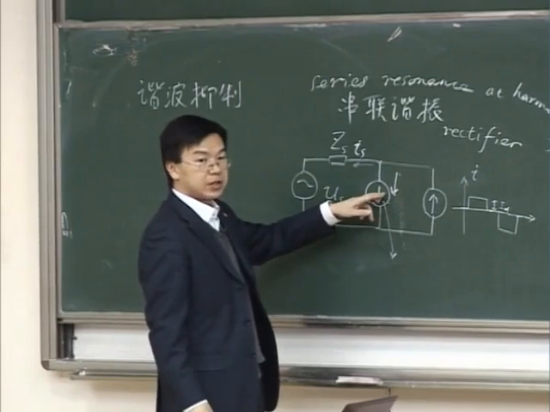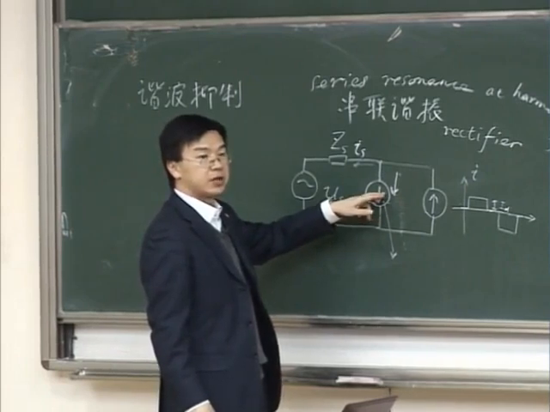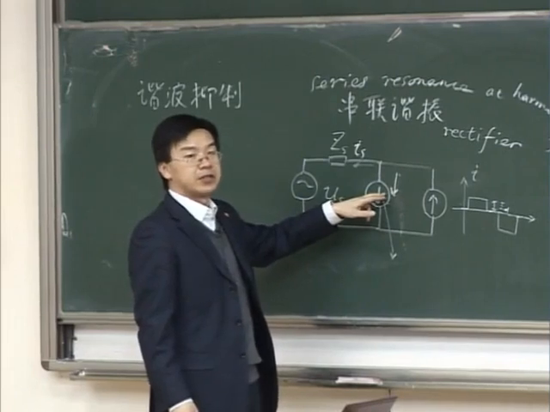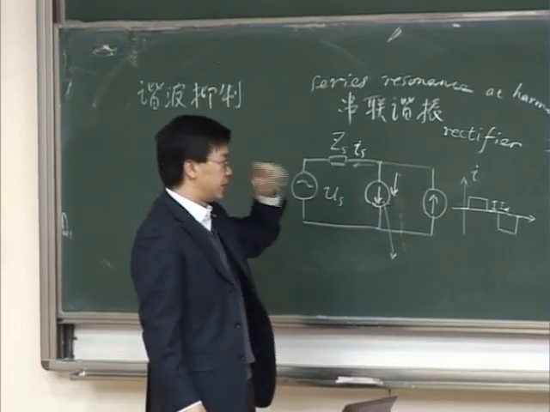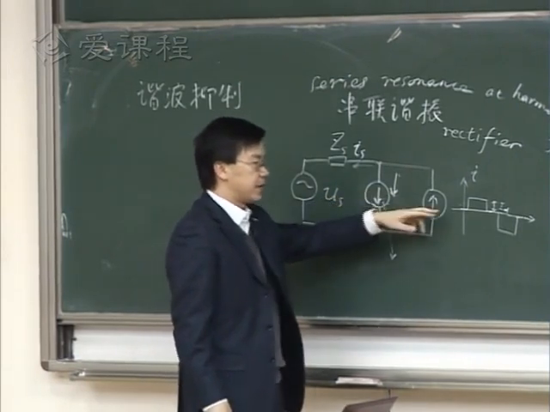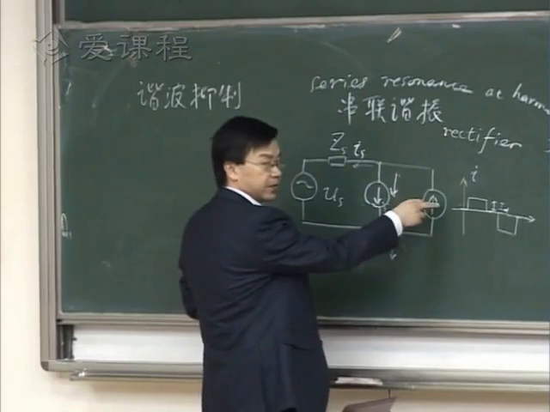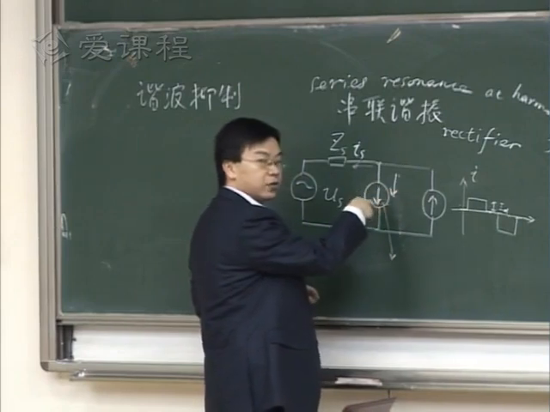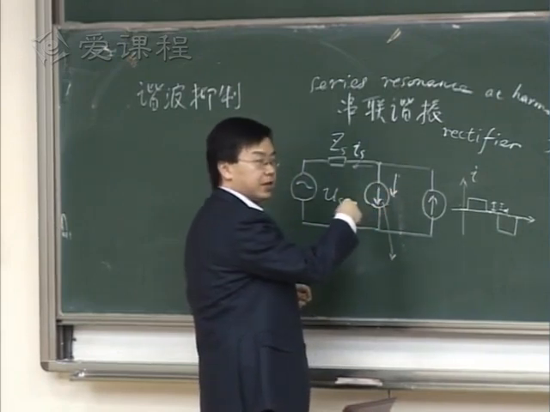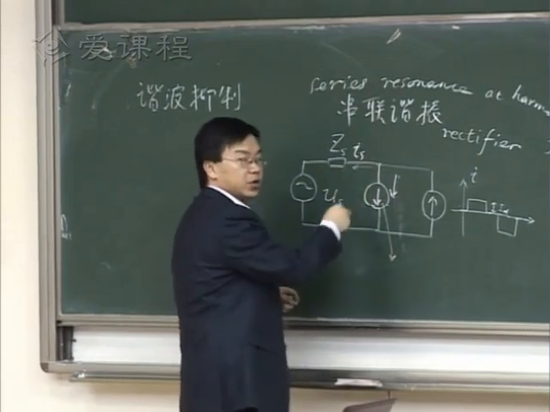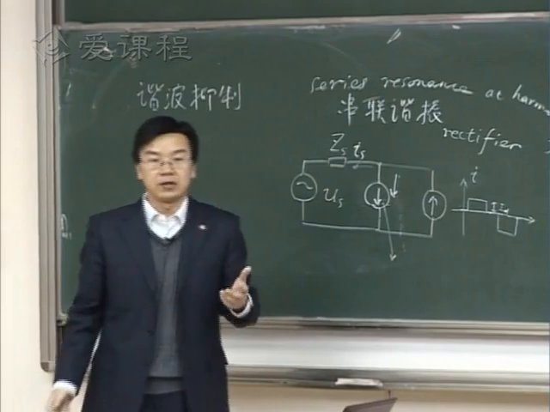I control this power converter to generate current only at harmonics frequency. Okay? I generate that harmonic current with the same amount as the load harmonic current. Okay? Same amount, but in reverse direction. And therefore, the total current flowing into the source will have only the fundamental component.